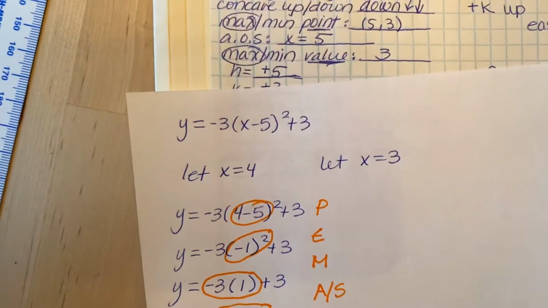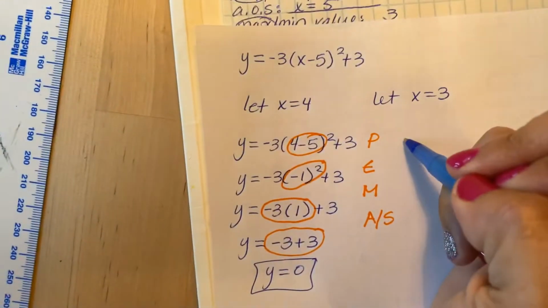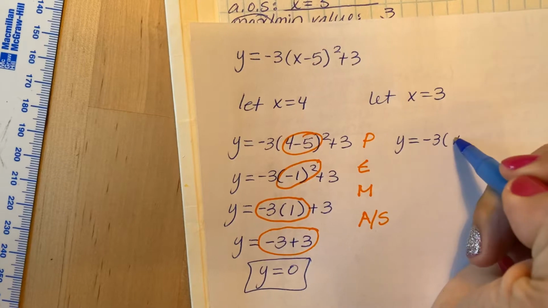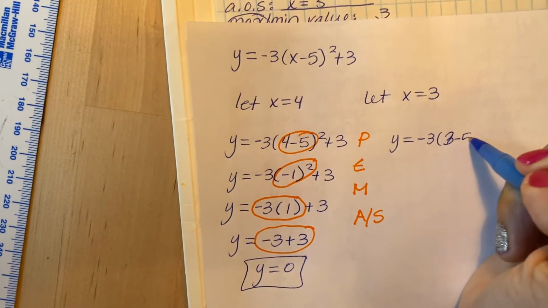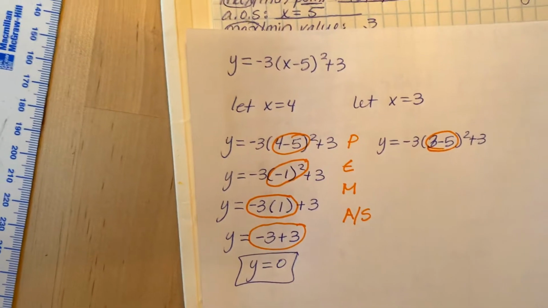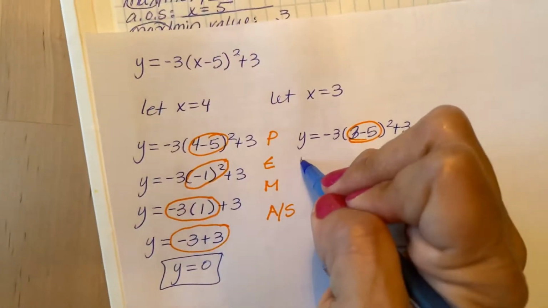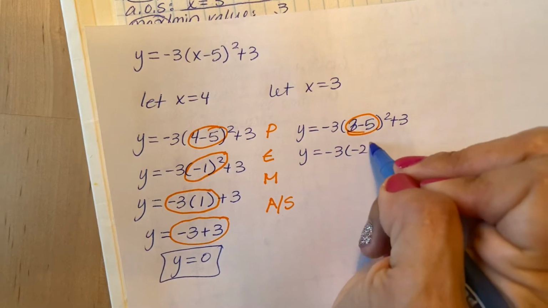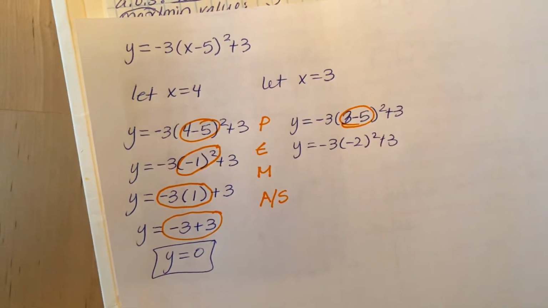And we're so much faster now, right? All right, y is equal to -3 times (3 minus 5) squared plus 3. Again, parentheses. y is equal to -3 times (-2) squared plus 3.